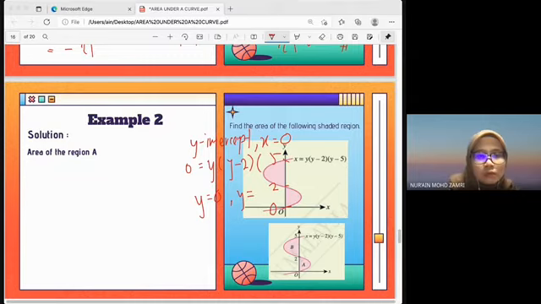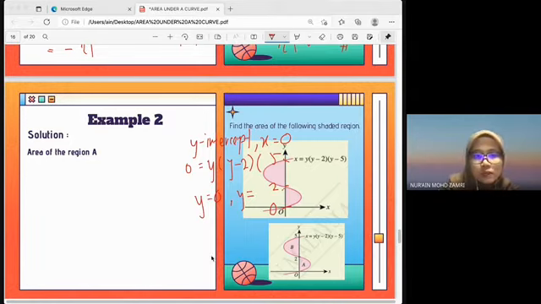So now we are going to find the area under the curve from 0 to 2 and 2 to 5. First we have to separate two regions because one is positive and the other one is negative.